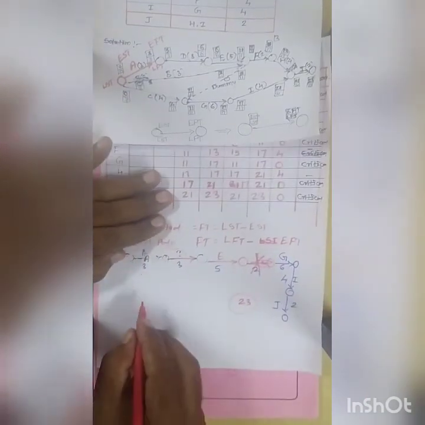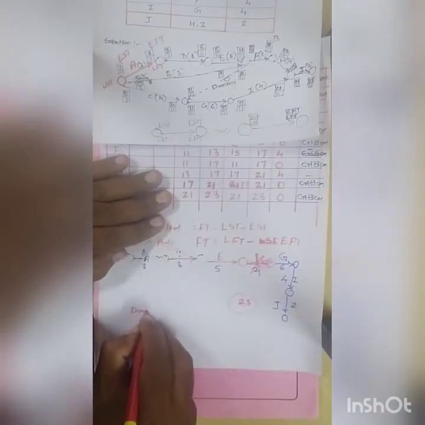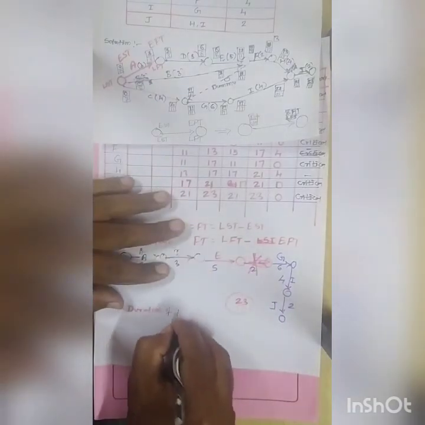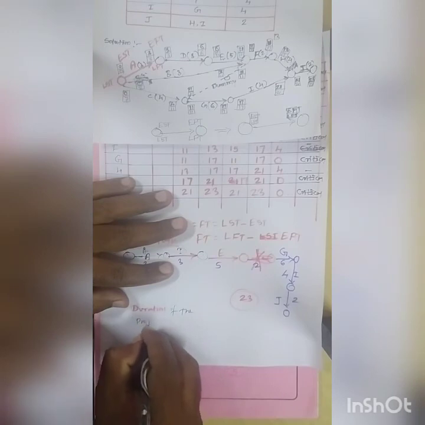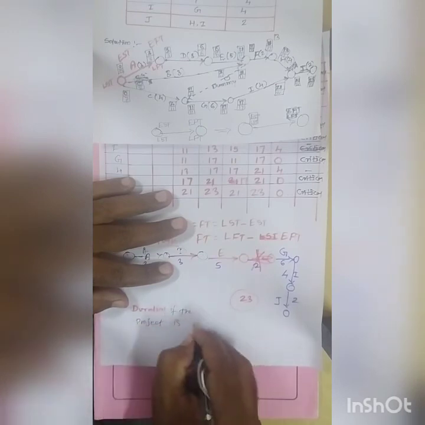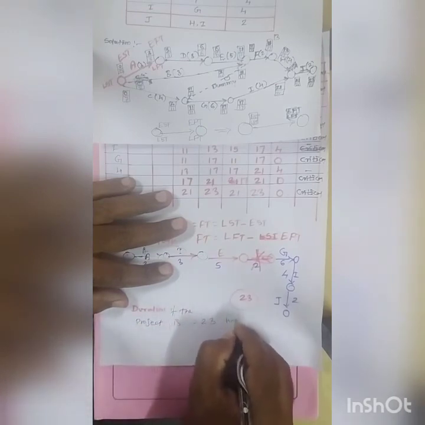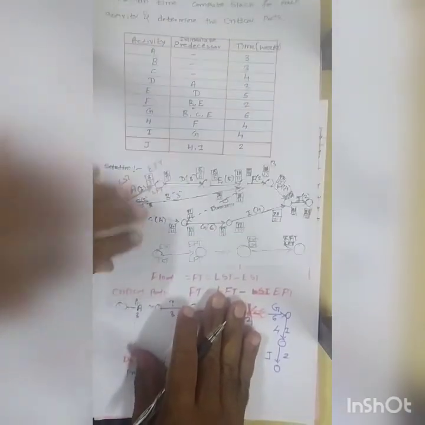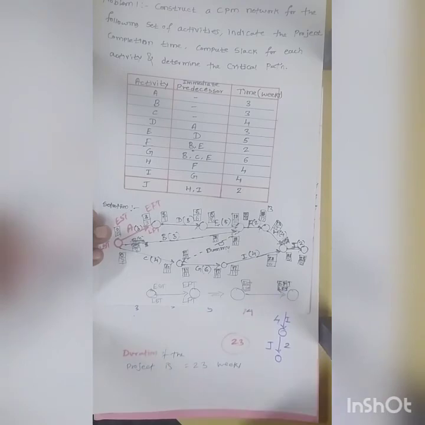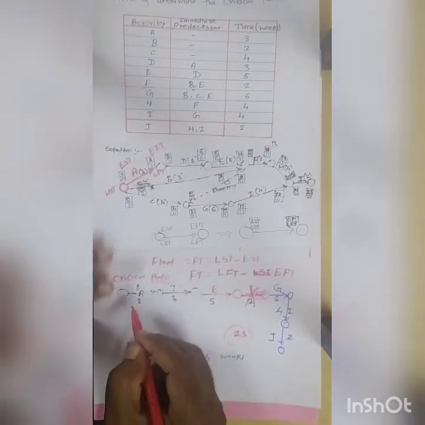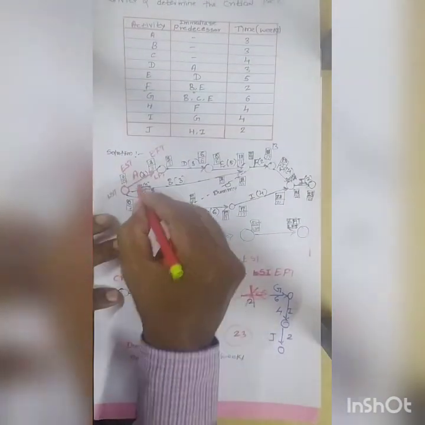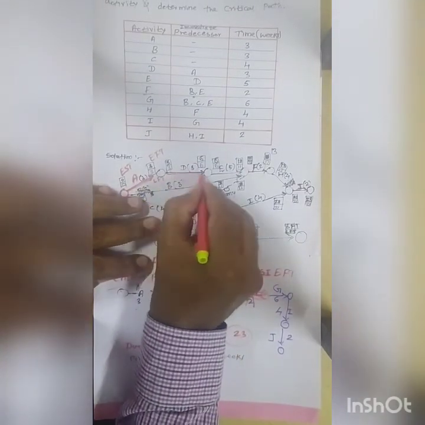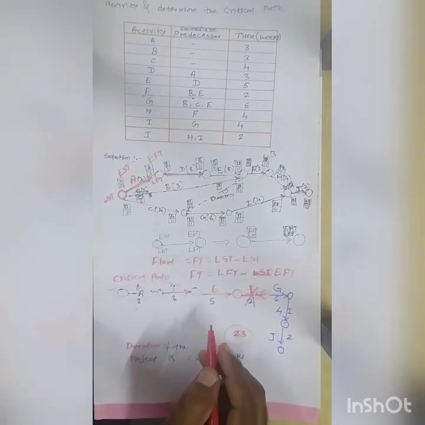Next, the duration of the project is 23 weeks. Next, the critical path: we have to mark that critical path. Activity A is critical. Next, D is critical, and you have to highlight it with a double line.